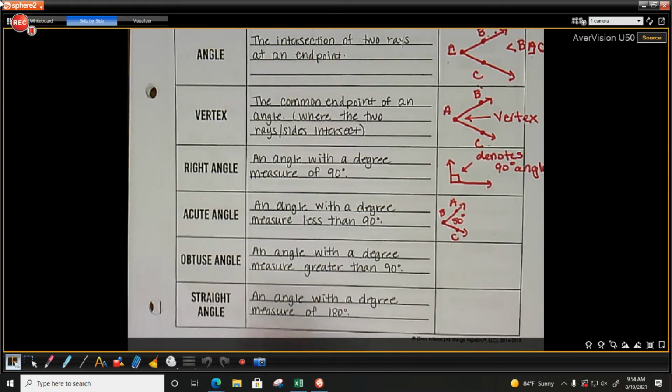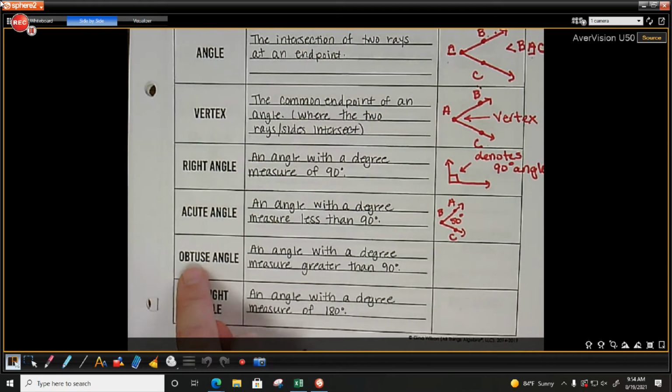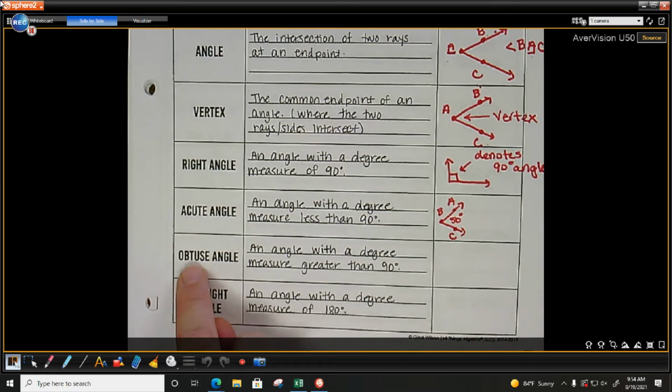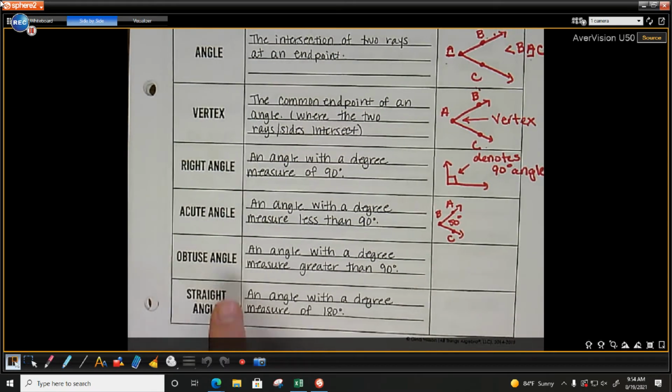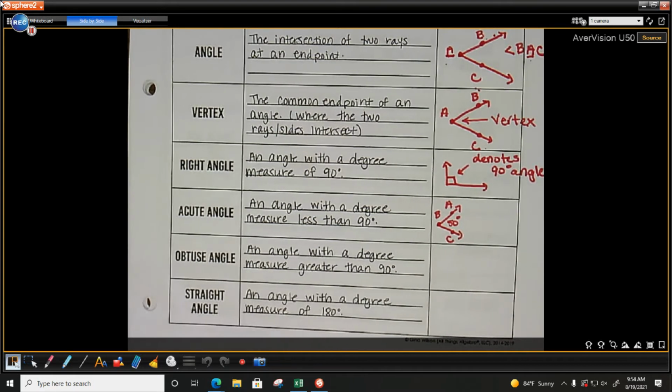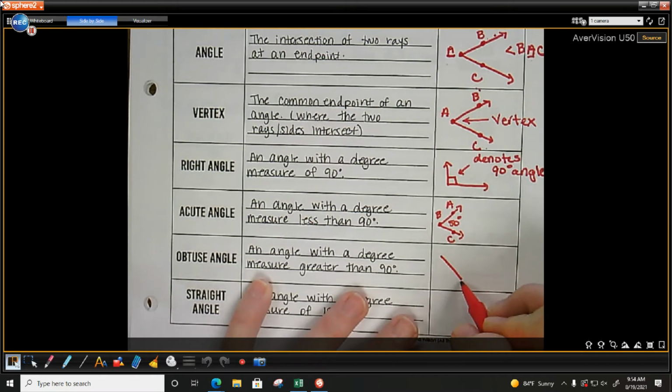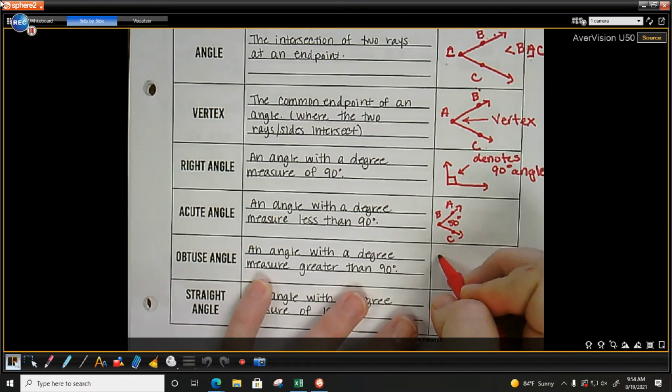Okay, and then think of obtuse. You're obese, you're huge. Okay, obtuse is a big angle. Acute is a cute little angle, less than 90 degrees. An obtuse angle is larger than 90 degrees. So that would be something like this.